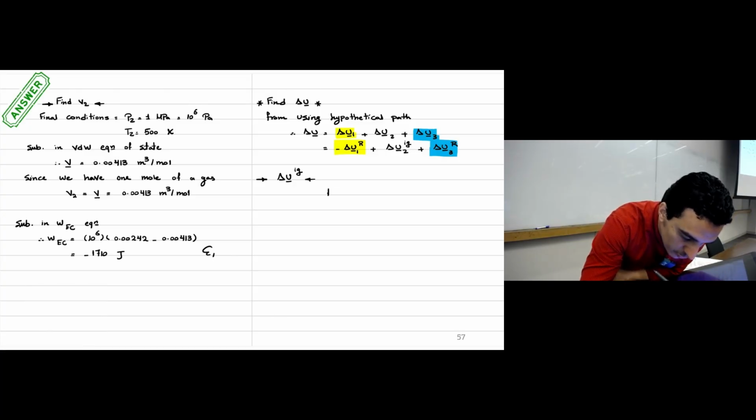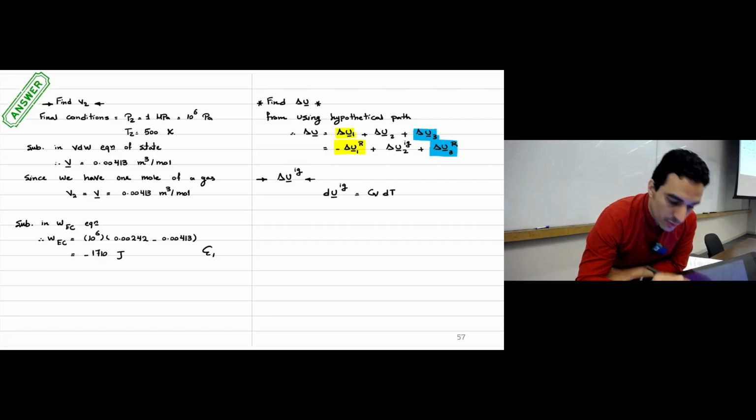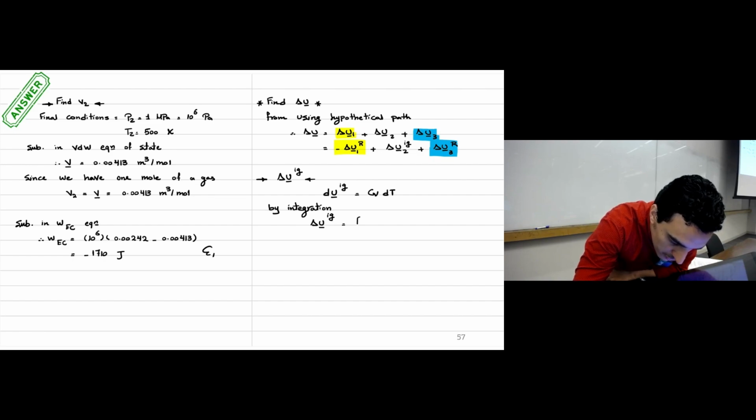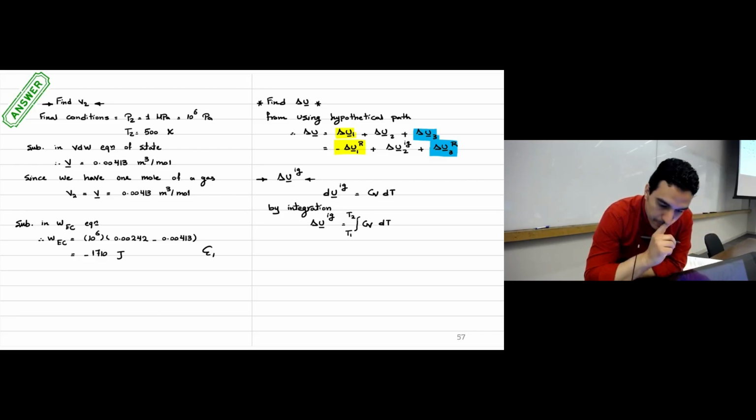We have dU of ideal gas, this is CV dT. By integration, delta U of ideal gas is the integration from T1 to T2 of CV dT.